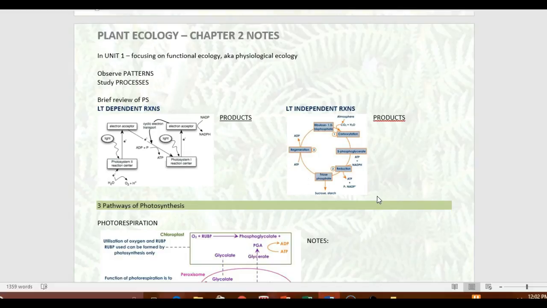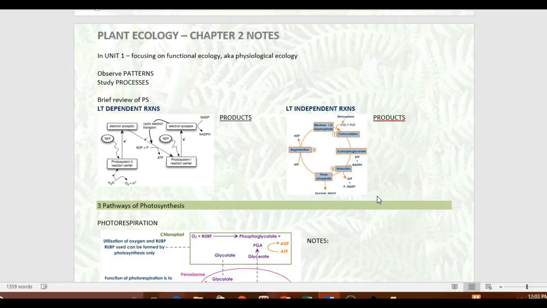Oxidizing them or reducing them? Thank you. So what's step 2? Reduction. It's reduction of PGA, right? The first 3 carbon molecule in the system. We're handing electron energy over to that 3 carbon molecule.